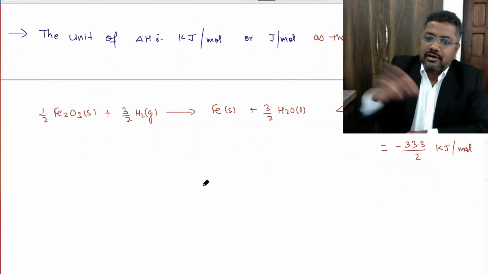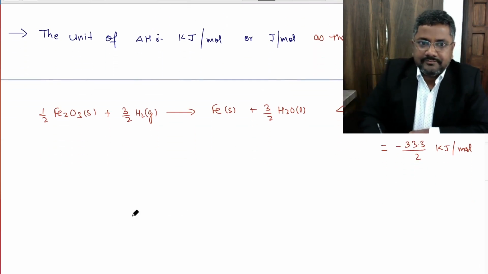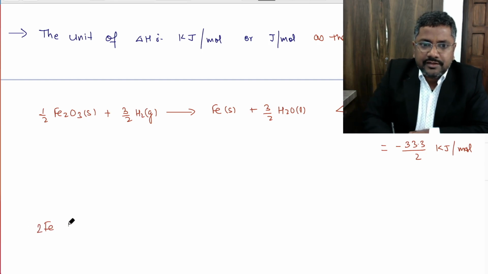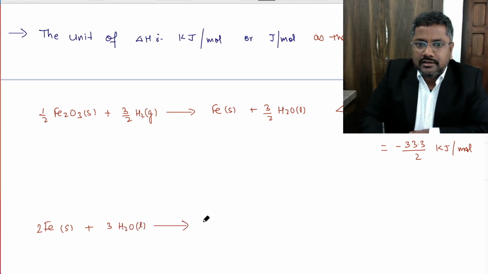Suppose that you reverse this reaction, then what will happen? I am reversing the first reaction basically: 2Fe solid plus 3H2O liquid gives Fe2O3 solid plus 3H2 gas.